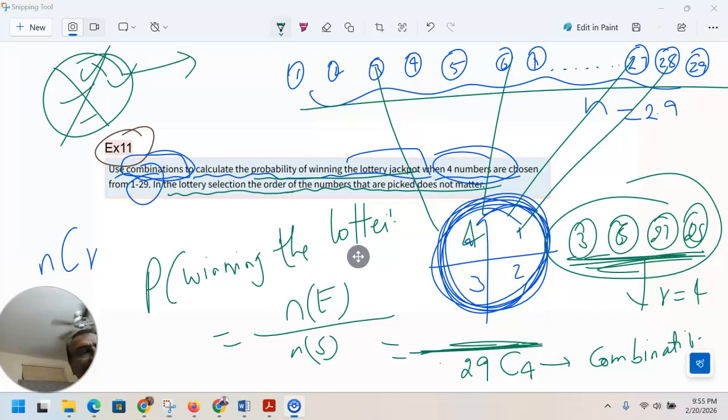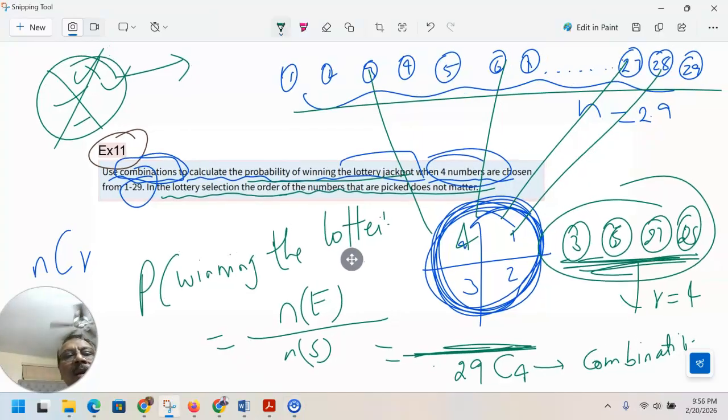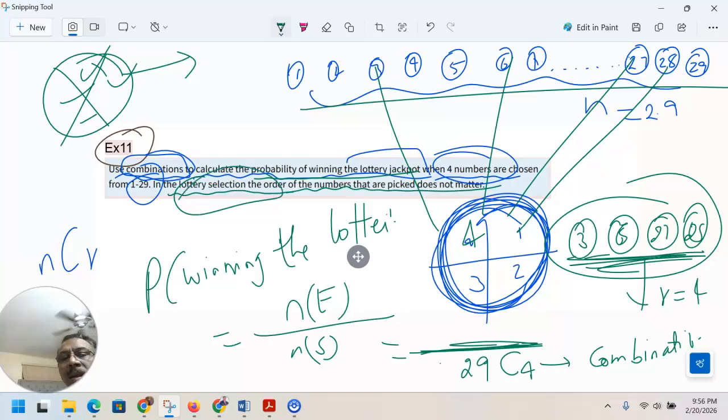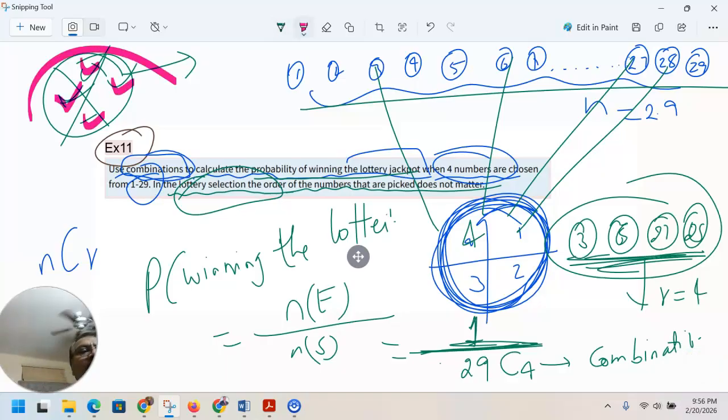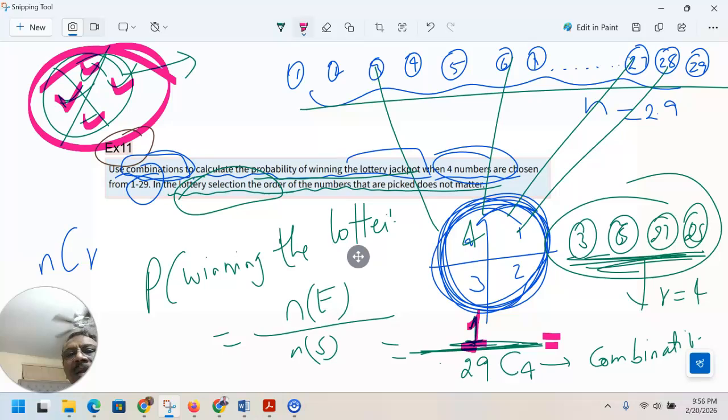And of course, if you are winning the lottery, it has to be one. So there will be only one group, whatever four numbers they declare. So there will be only one option. Another way to do this is, from four you pick four.